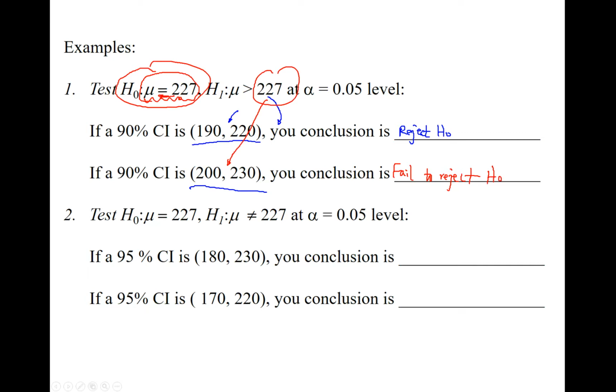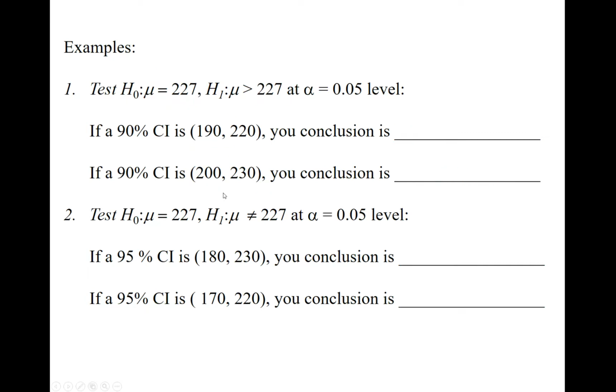So it's fairly easy when you use the confidence interval method. Just look at whether it's inside or outside. Now, this time this is a two-tailed test. Alpha is 0.05. Here you just use 1 minus alpha when you find the confidence interval. Don't double the alpha, because this is already two-tailed, and it matches the confidence interval.